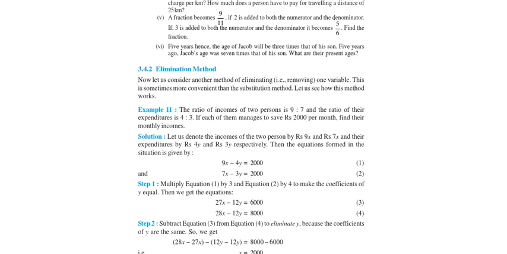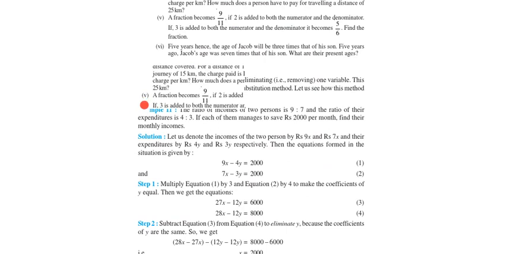So now the next question, fifth. A fraction becomes 9 by 11 if 2 is added to both numerator and denominator. If 3 is added to both numerator and denominator, it becomes 5 by 6. Right? Find the fraction.